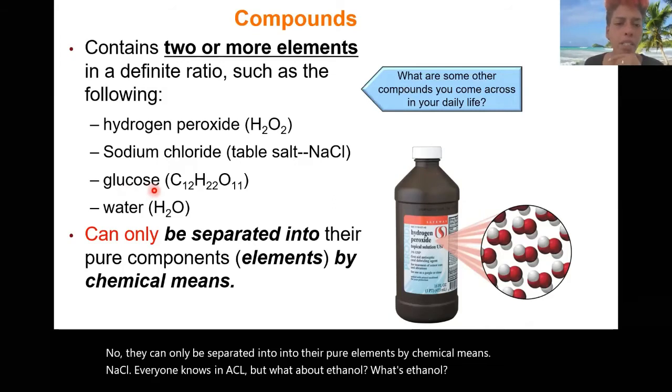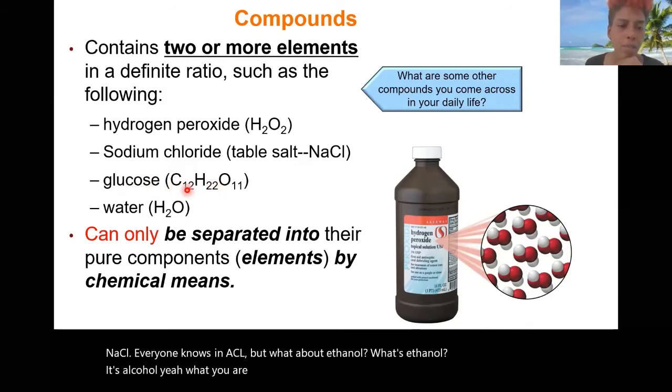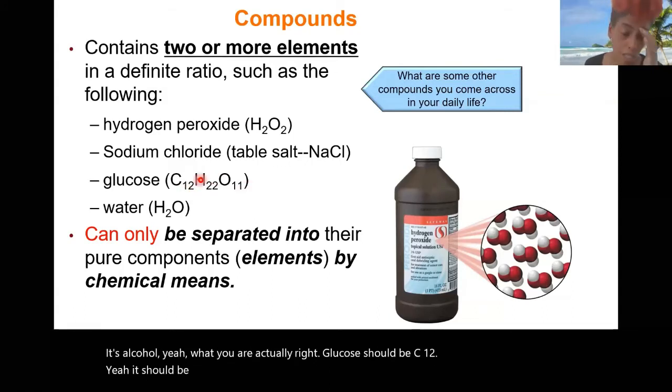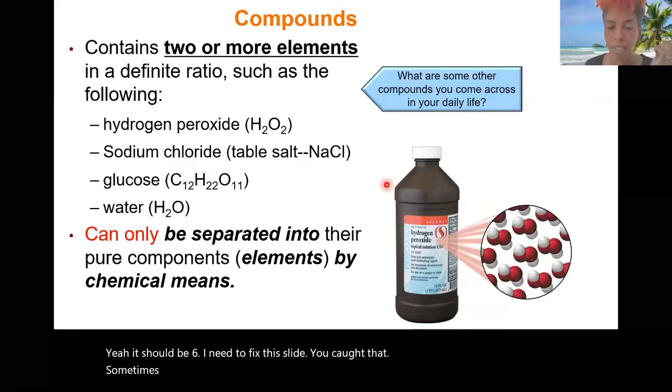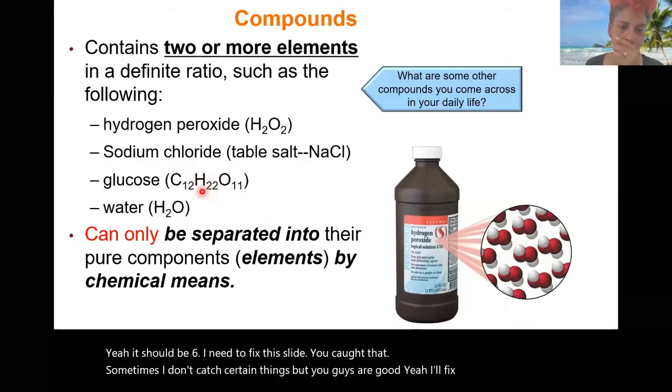You know what? You are actually right. Glucose should be C6, H12, O6. I need to fix this slide. You caught that. Sometimes I don't catch certain things, but you guys are good.